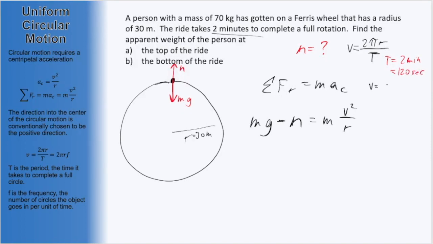So let's plug everything in to get the velocity. 2 pi times the radius of 30 meters divided by the time of 120 seconds ends up simplifying to pi over 2.